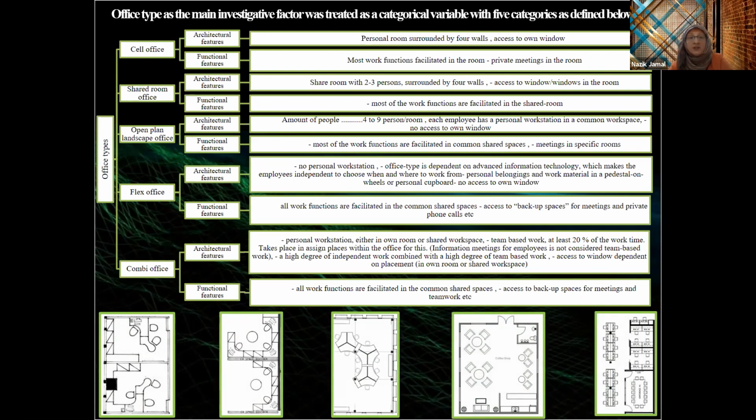For each definition, we divided it into architectural features and functional features. We can see here for architectural features, in this plan, the personal room is surrounded by four walls, and it has access to its own window. For the functional features, most work functions will be facilitated in the room, and private meetings will also be in the same room.